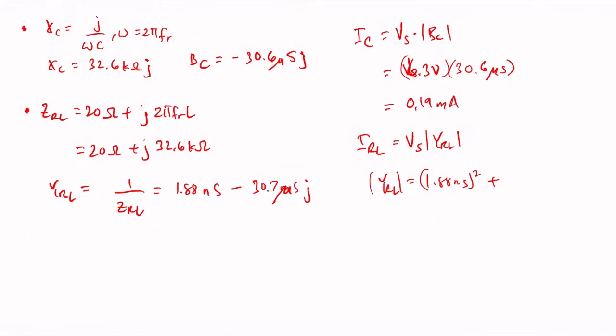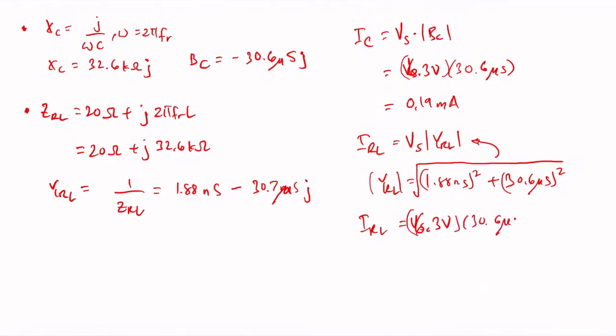So that's 1.88 nanosiemens and 30.6 microsiemens squared, and you take the square root of that. That's what we plug in here. So IRL is equal to VS, or 6.3 volts, times about 30.6 microsiemens, which is also equal to 0.19 milliamperes.